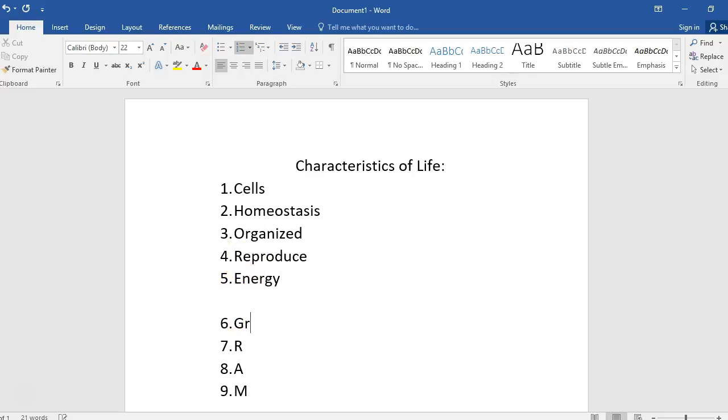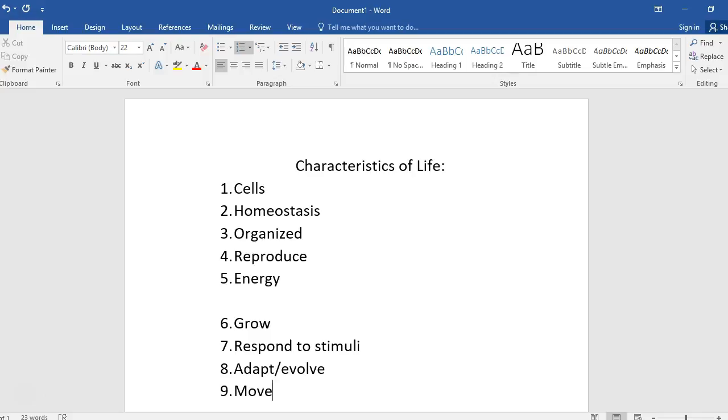Now your gram. All living things grow. All living things respond to stimuli. Stimuli is more than one stimulus. All living things adapt or evolve. I use the word adapt because it fits my little thing. And then all living things move, in one way or another.